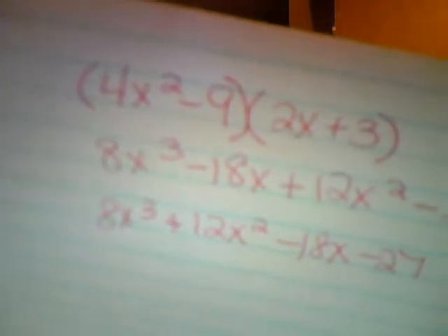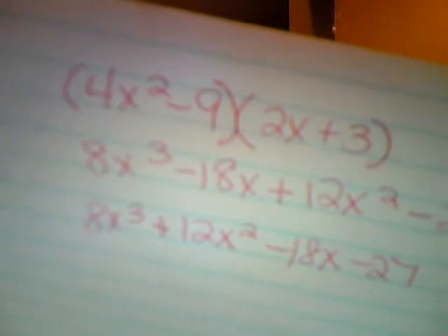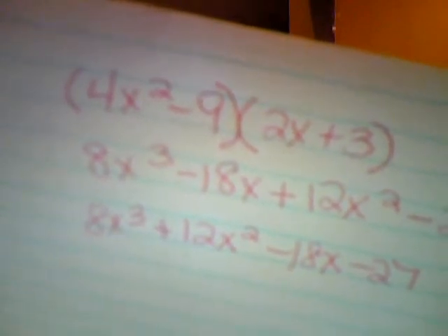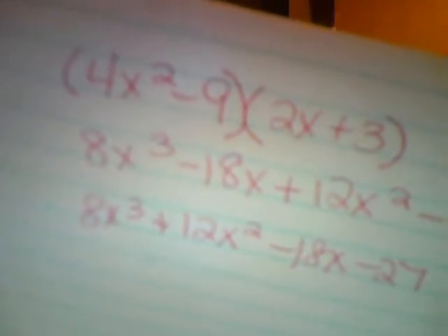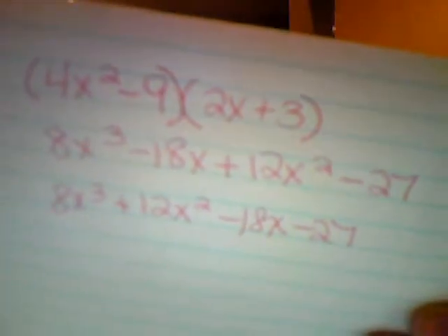The f is 2x times 4x squared, which is 8x cubed, minus 18x, which I actually didn't do FOIL, I did FILE, because I did the inside next. 2x times negative 9 is negative 18x. Then 3 times 4x squared is 12x squared. And 3 times negative 9 is negative 27.